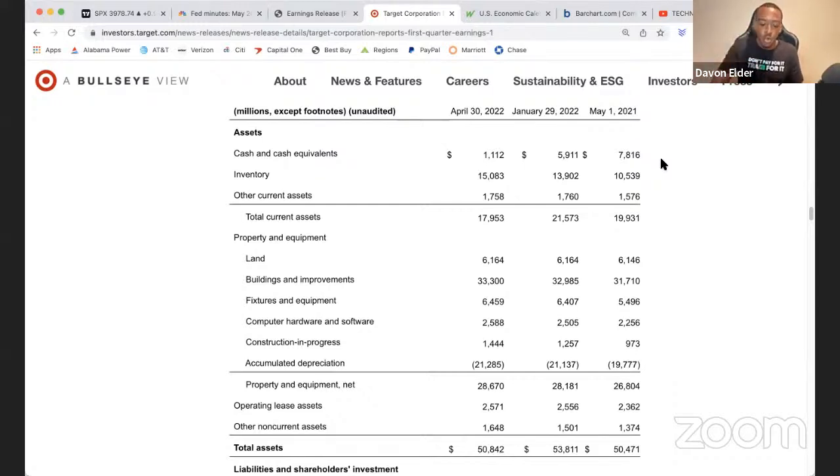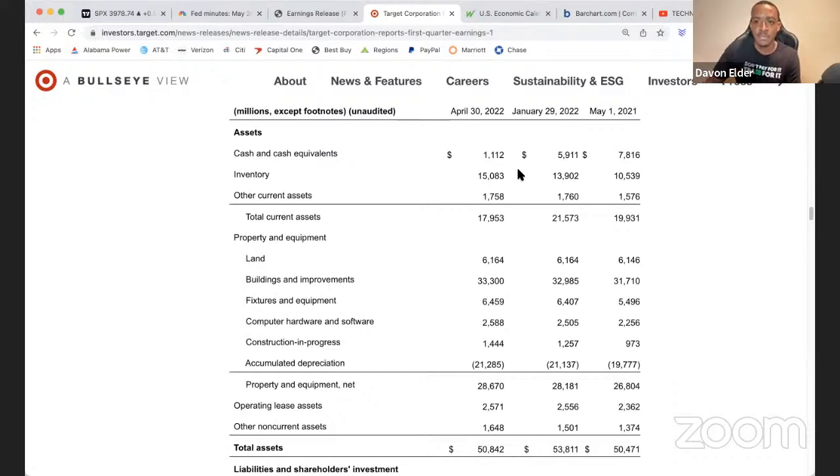Because in order for you to be successful in this environment, your supply chain logistics have to be on point. Now, the fact that they've been able to increase that inventory like that shows me that their supply chain is in a good state. Now, big box retailers are not just going to sit on this inventory like this. Remember, the main reason why the market came down so much is because of inflation, high prices.